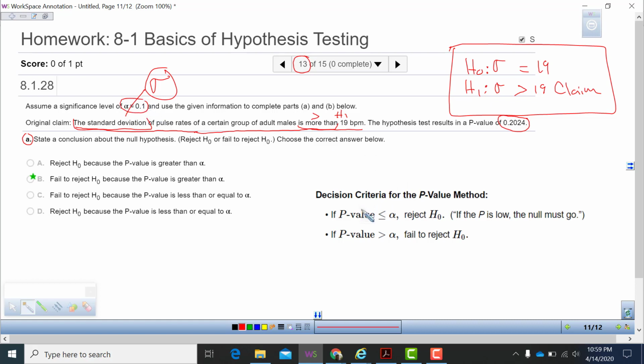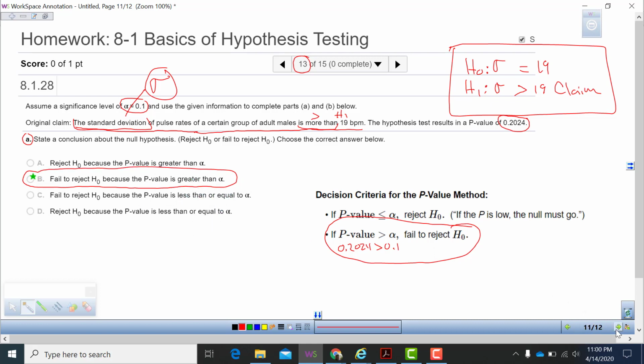So the p-value is more than alpha. This p-value, 0.2024, is more than 0.1. So we failed to reject the null hypothesis. That's why this is the correct answer. We failed to reject because the p-value is greater than alpha.